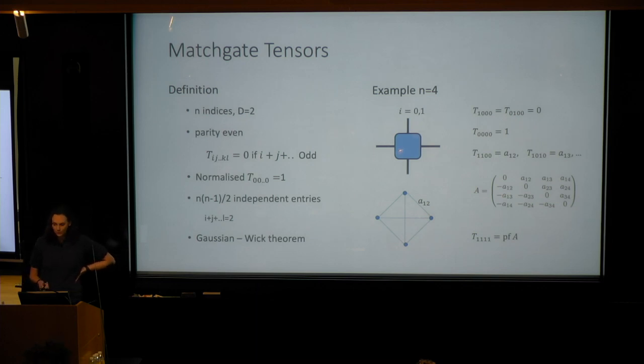So how does this work? What you do is you store all these independent entries in an antisymmetric n by n matrix.